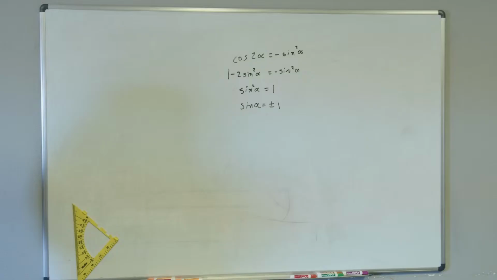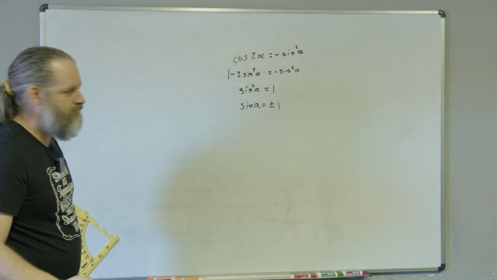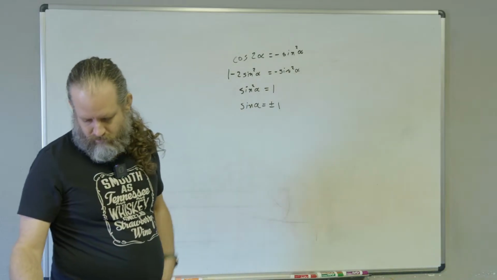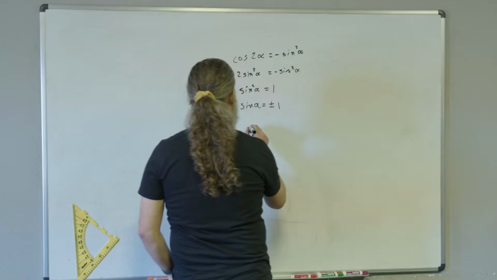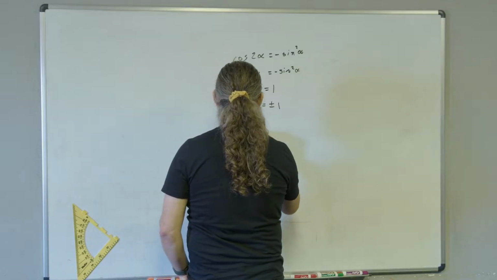Okay, where is the sine of alpha 1? Pi over 2. That's true. Where is it negative 1? 3 pi over 2.